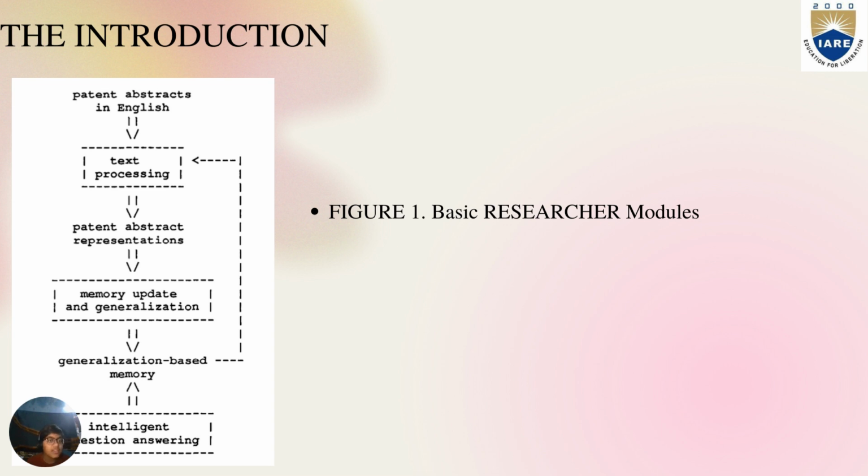For generalization, we need intelligent question answering, which will be covered in a further section. Right now, Researcher is able to read text well because it uses intelligent question answering to remove the ambiguity.